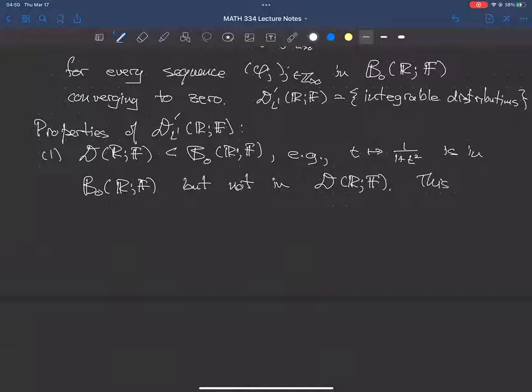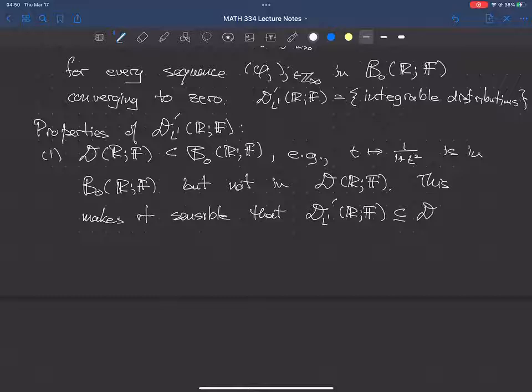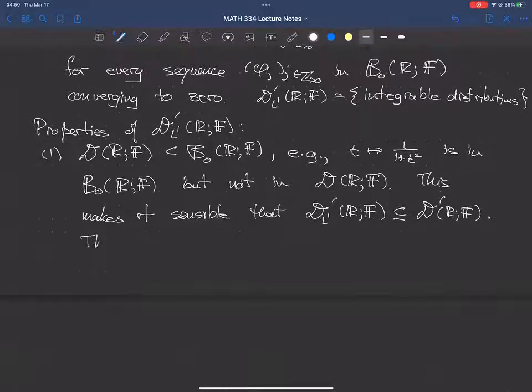This makes it sensible, but not necessarily true, that D prime L1 of R F is contained in D prime of R F. So this is not just sensible, it's also true.